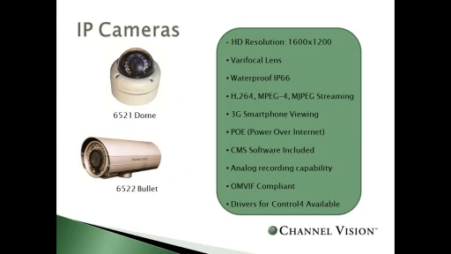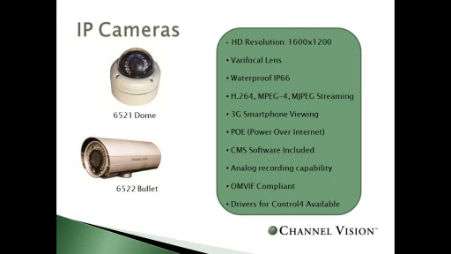Channel Vision does also offer a full line of IP cameras, including 2 megapixel quality, varifocal lenses, which means they're manually adjustable, waterproof rating at IP66, with multiple compression methods including H.264, MPEG-4, and MJPEG streaming. Also, these can be viewed directly on your smartphone without having to use a DVR.